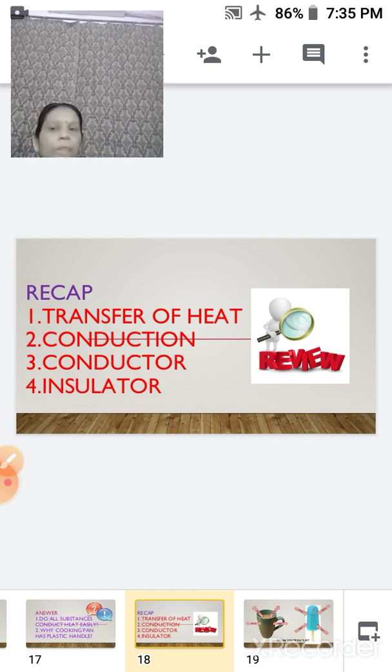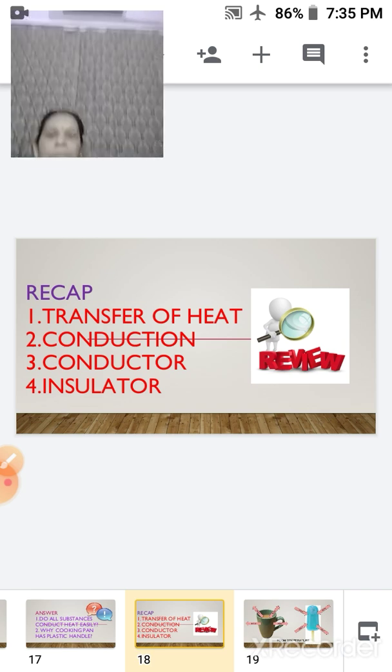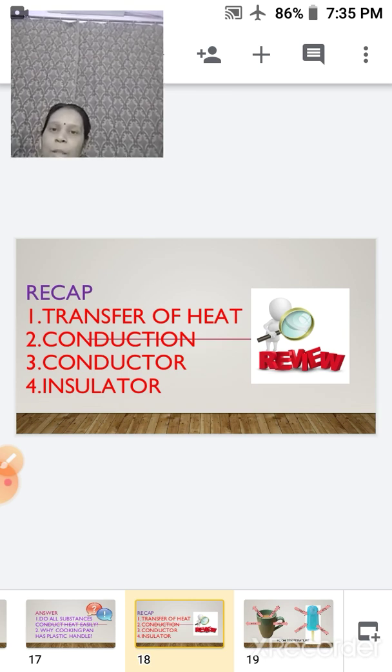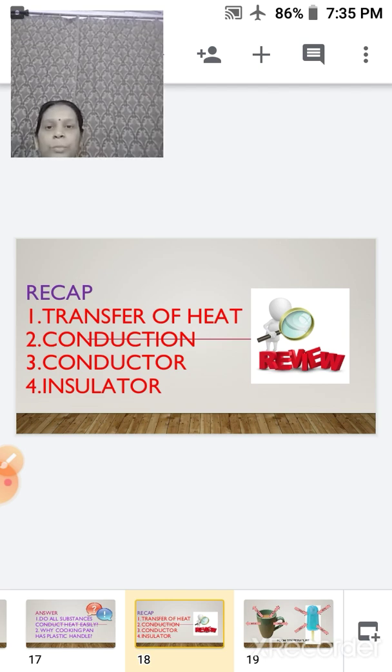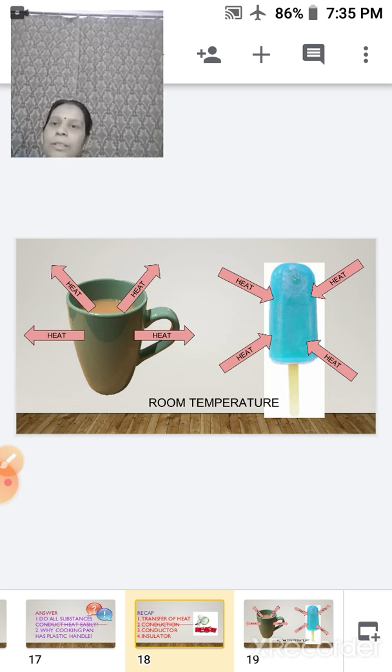So this we will be discussing tomorrow under the transfer of heat, because today we just discussed the first one, and that is your conduction. And conduction takes place only in solids, as I told you. So I hope, children, the things are clear to you.